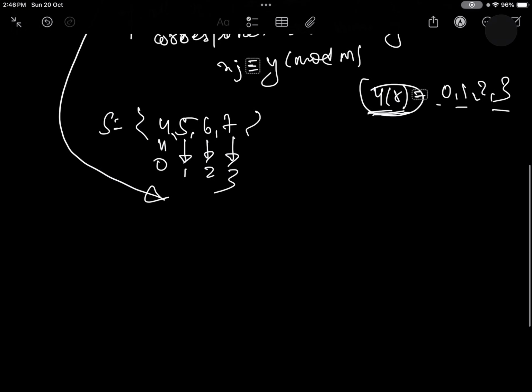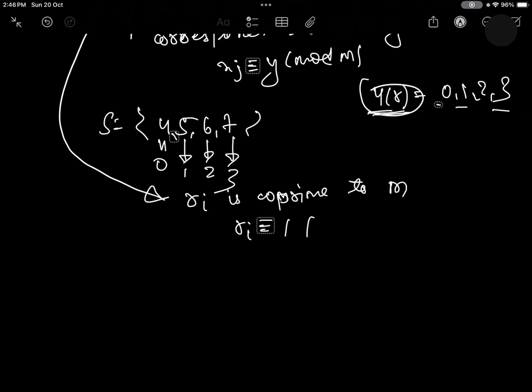It states that all Ri, where R1, R2, and so on to Rn, are co-prime to M. So all possible Ri's.